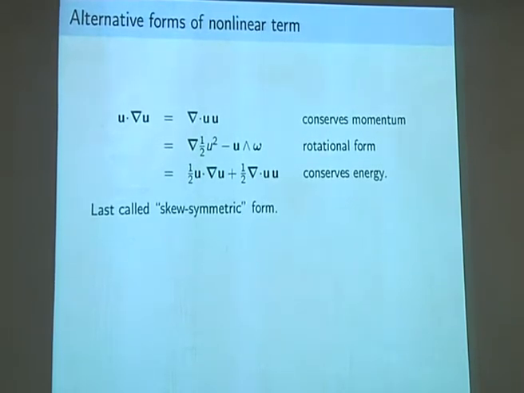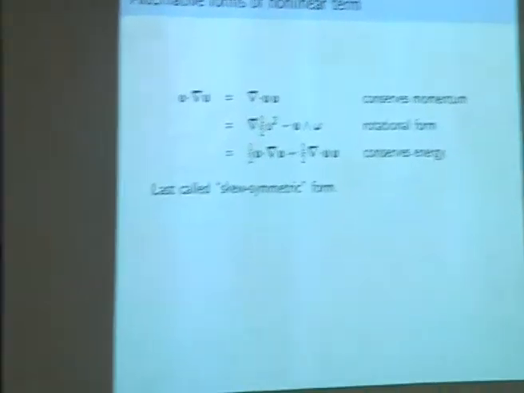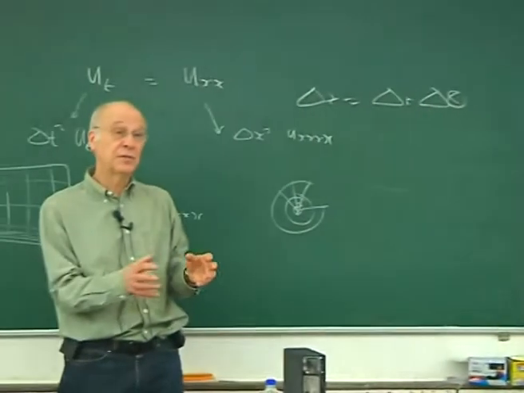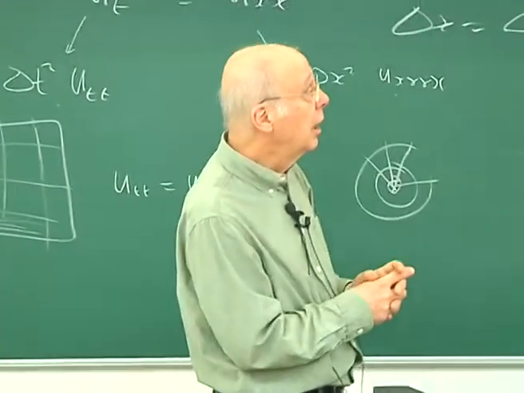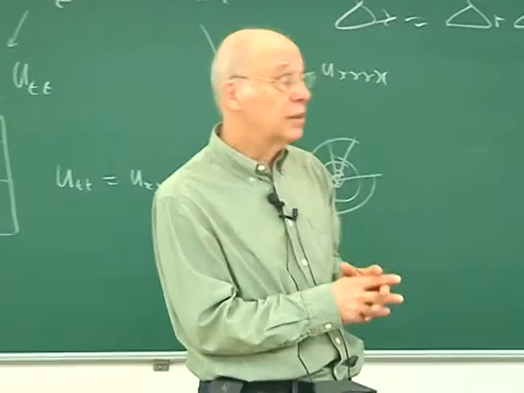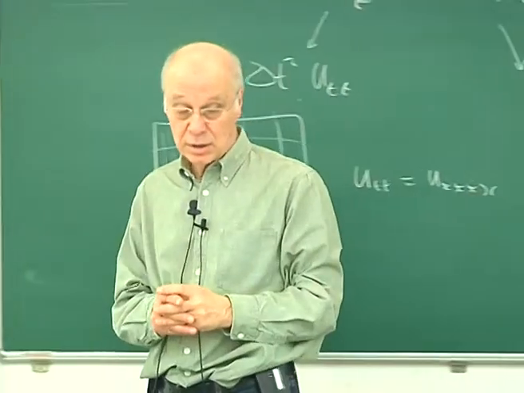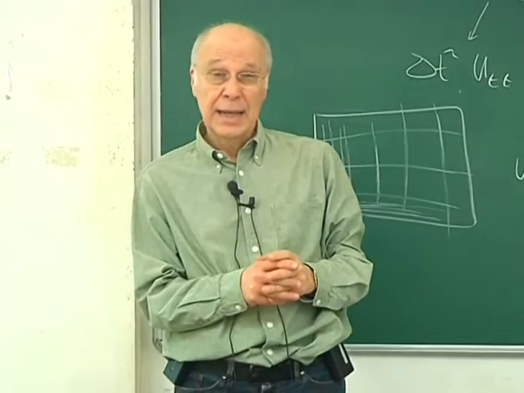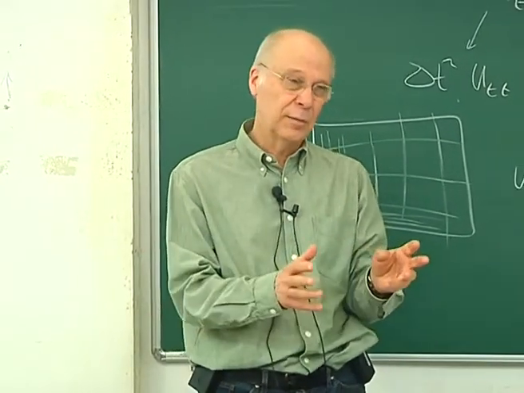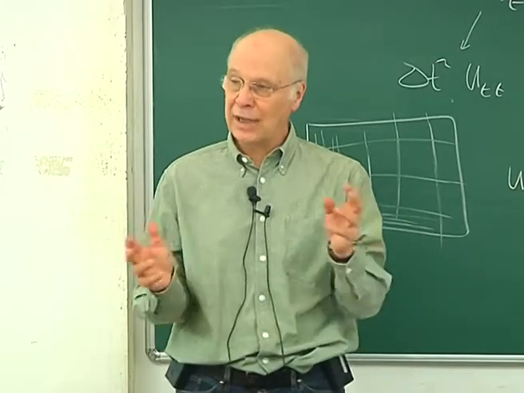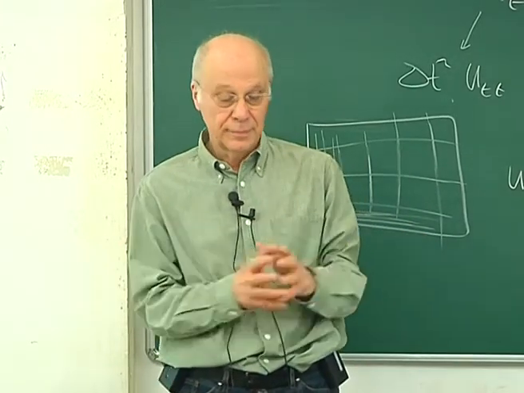So the divergence of UU, the divergence of the Reynolds stress, which I've just been using, gives us a conservation of momentum. The equivalent, the gradient of a half U squared minus U cross omega, sort of conserves angular momentum. It's a good idea if angular momentum is important to you.